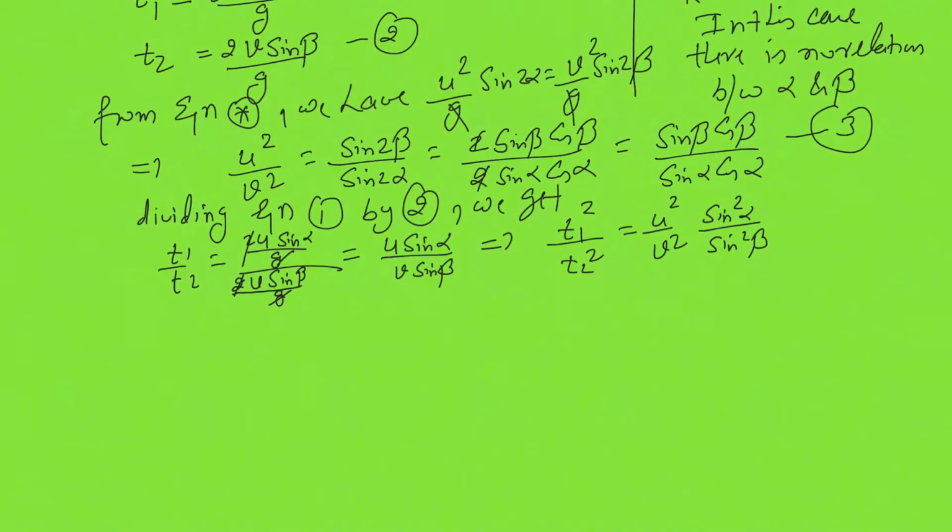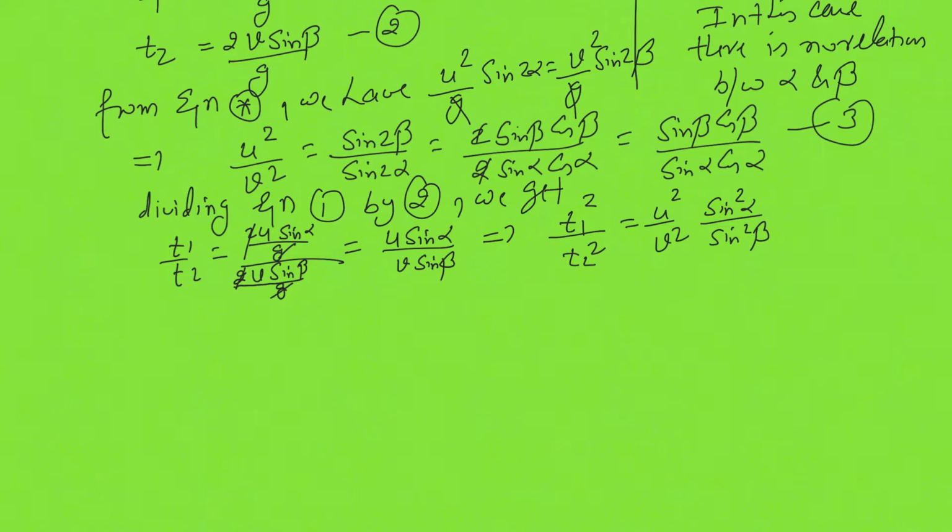So take it now, that implies T1 square by T2 square. From equation number 3, what is the value of u square by v square? It will be sine beta cos beta by sine alpha cos alpha.